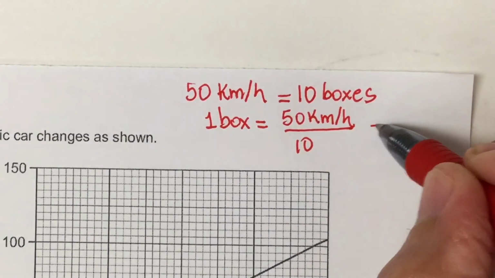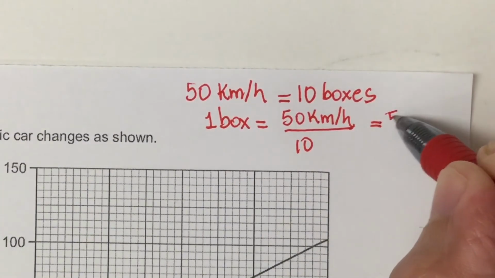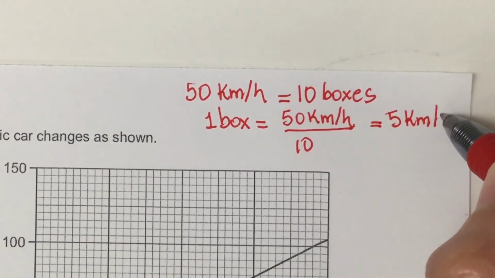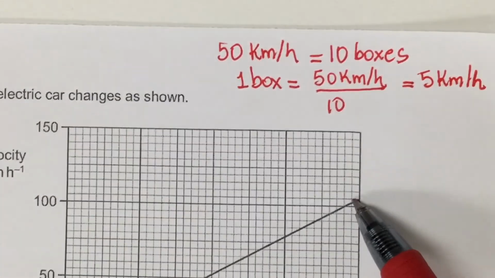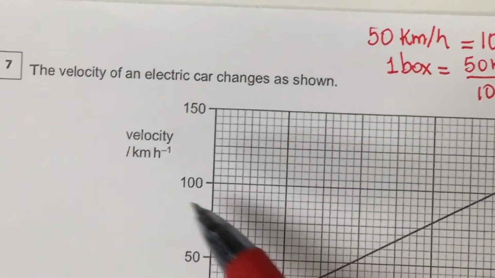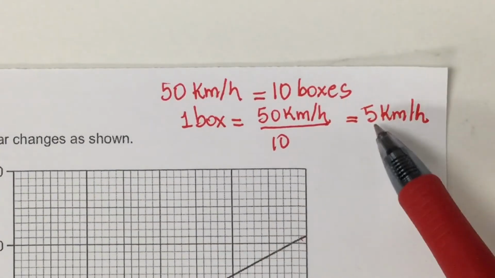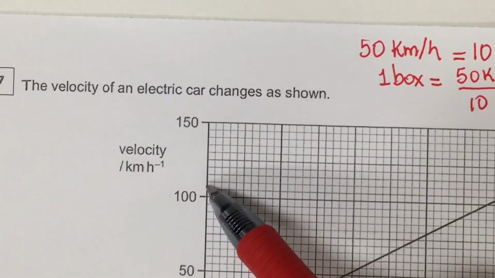So each box corresponds to 5 kilometers per hour. Now I can read this value. This is just one little tiny box, so whatever I read here, I have to add 5. So that is 105 kilometers per hour.